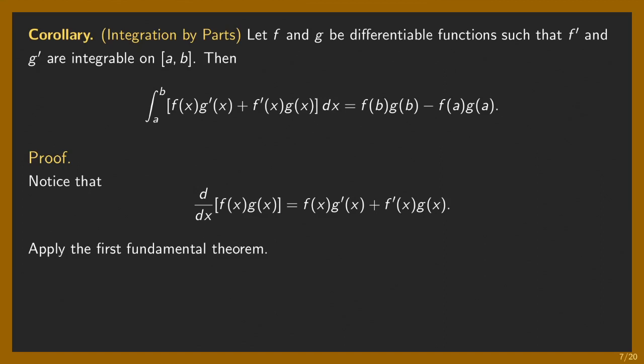You know that the derivative of f of x times g of x is this. Right? So, if you wanted to integrate this derivative from a to b, then what do we do by the first fundamental theorem? You simply evaluate the antiderivative at b minus the antiderivative at a. That's it.